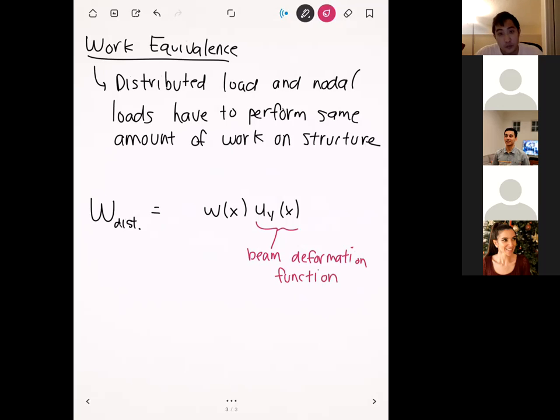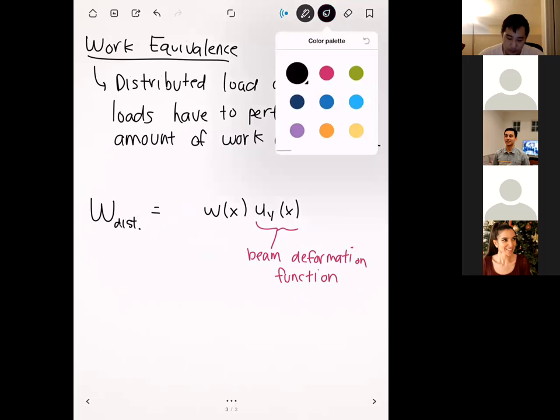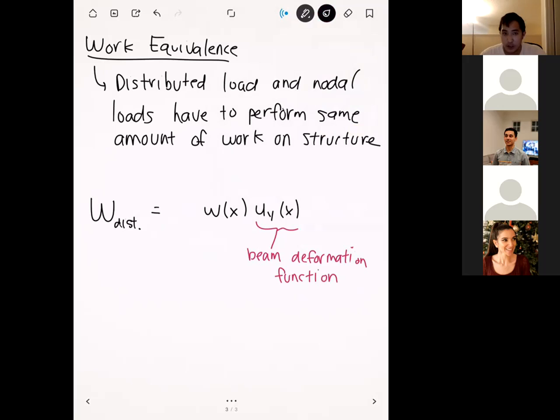I'll show you the expression that we're going to put in for that, because what we plug in for uy of x is going to be key to this whole endeavor. But since this load is distributed, we're actually going to need to integrate this. When we integrate this product of w of x times uy of x from 0 to L, we get something in the units of work.